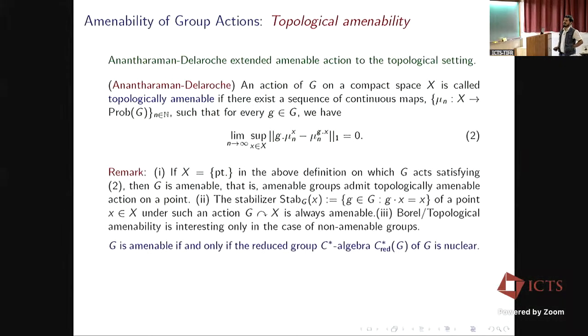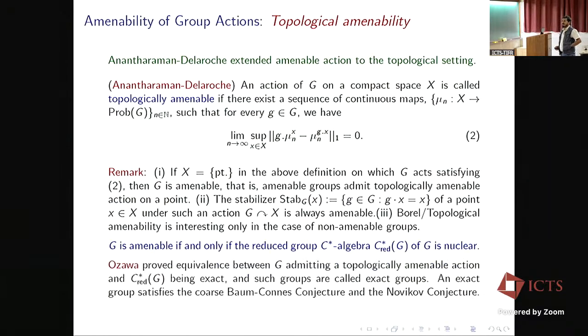So this is another very useful description of amenable groups, which says that the reduced C-star algebra of these groups is nuclear. So this is some property of a C-star algebra. Now, Ozawa proved, so this is about amenable groups. About amenable action, Narutaka Ozawa in 2006 proved that topologically amenable action would be equivalent to having a reduced C-star algebra which is exact.